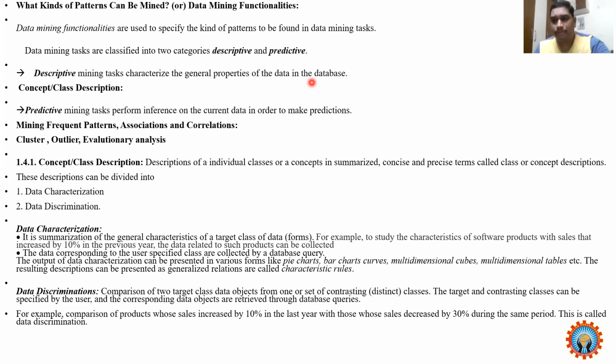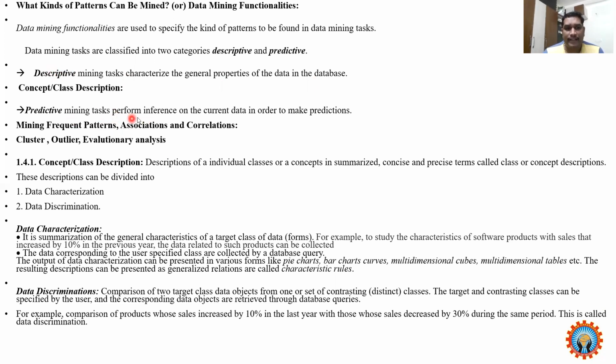If you want to characterize the general properties of data in the database, then it is called descriptive.